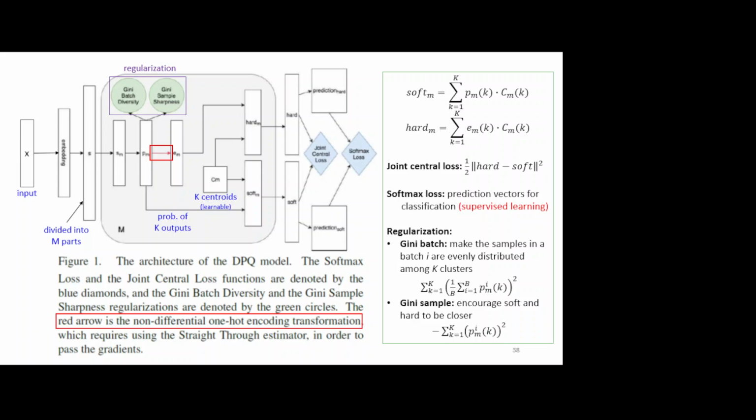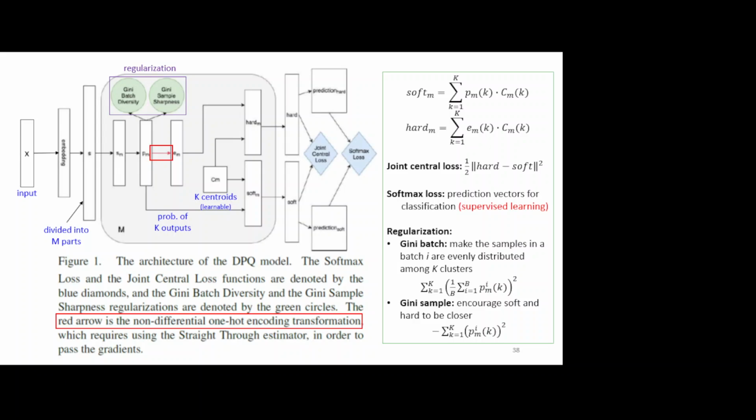X first goes through embedding, and through the embedding we will get a very long embedding vector, and we will divide the vector into n parts. This means n segments. For each segment, we will perform the block individually.